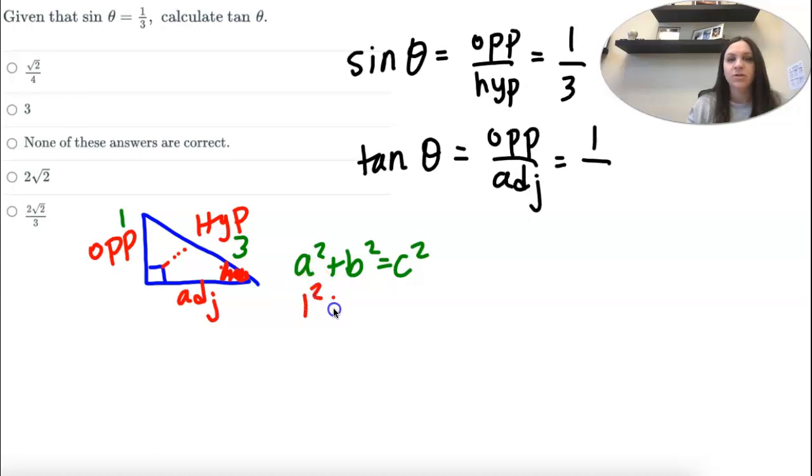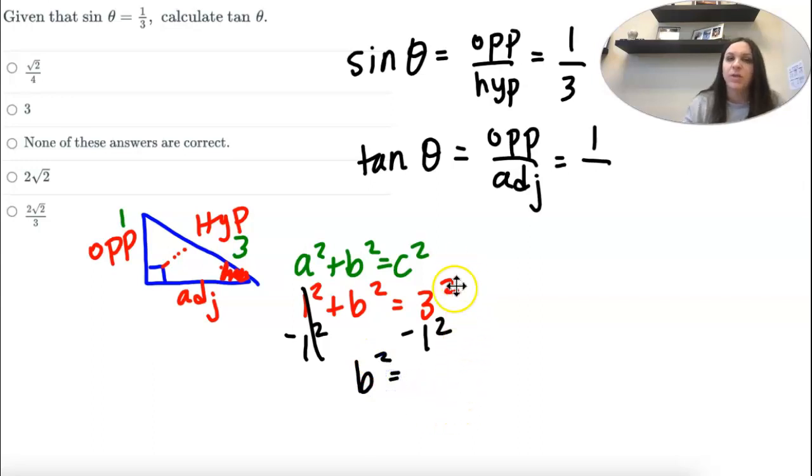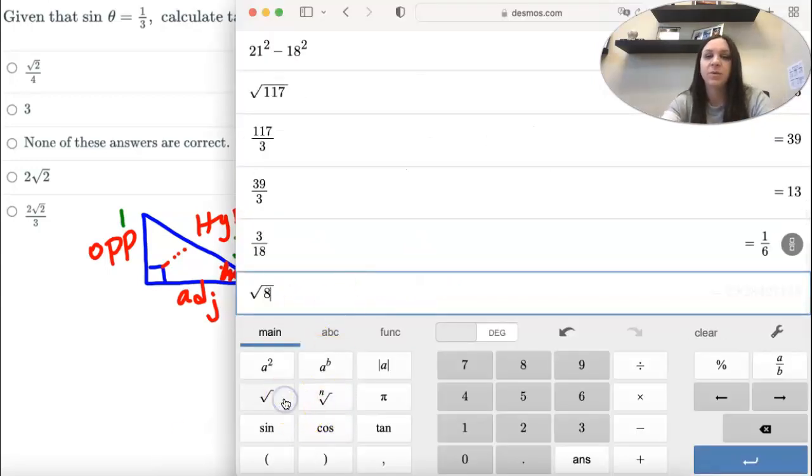So we have 1 squared plus b squared equals 3 squared. If I subtract the 1 squared, I get b squared equals 9 minus 1, which is 8. Square root both sides. B is the square root of 8. The square root of 8 is a decimal, so we're going to simplify.